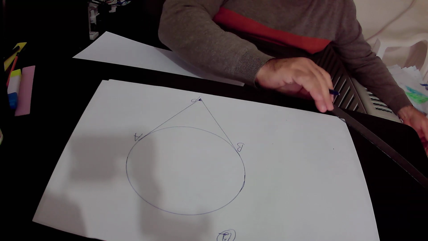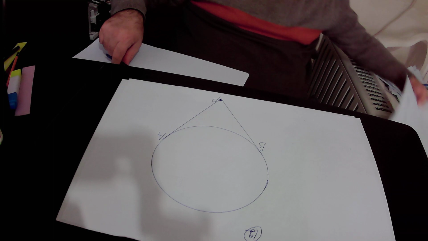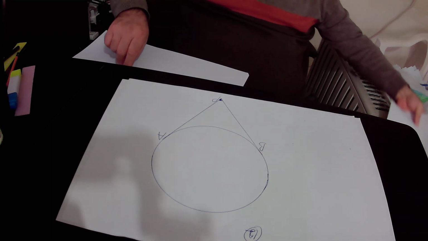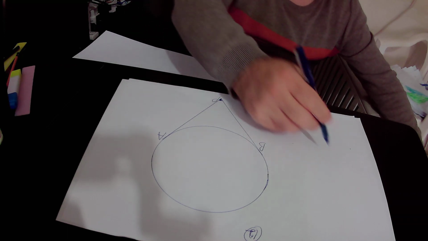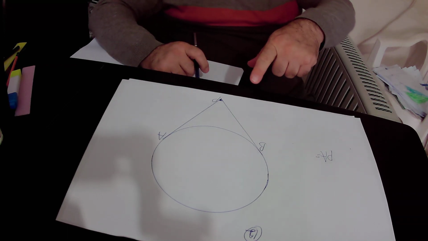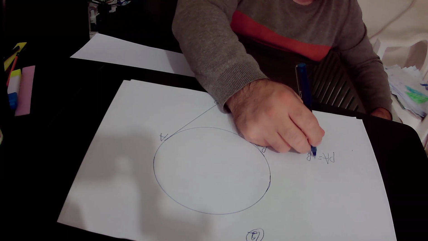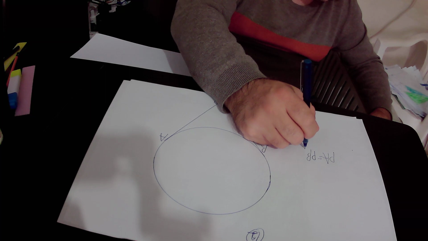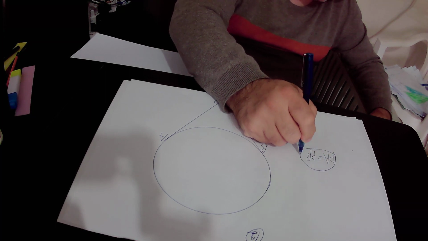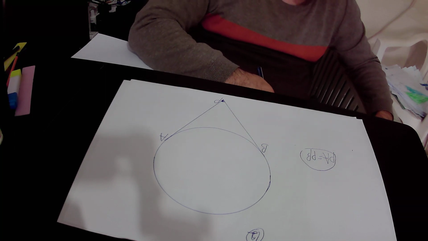Then actually the length of the first tangent is PA, and the length of the second tangent is PB, and according to rule number 8, the lengths of two tangents from a common external point to a circle are equal.